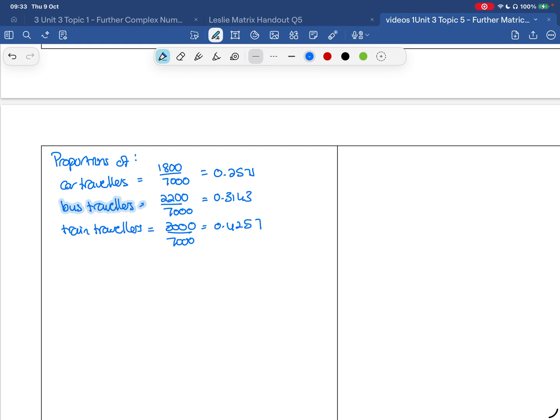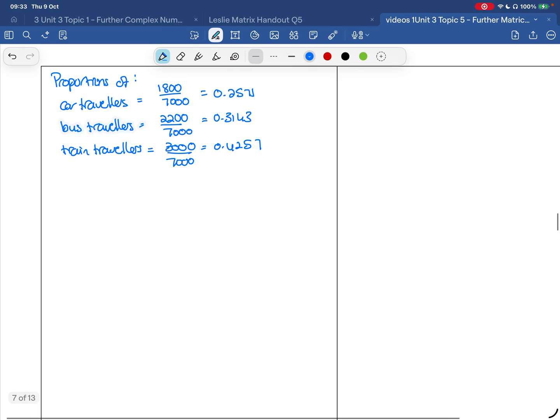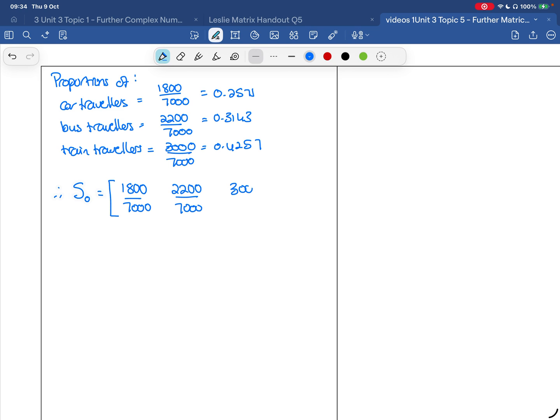I'm going to represent these in a matrix in fraction form, just so that if there were ever any rounding errors or problems, I wouldn't have to deal with them. So therefore, my initial matrix is going to be 1,800 over 7,000 and 2,200 over 7,000 and 3,000 over 7,000. Good. Okay.